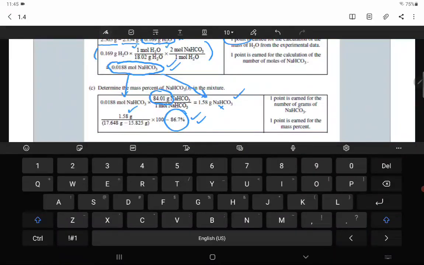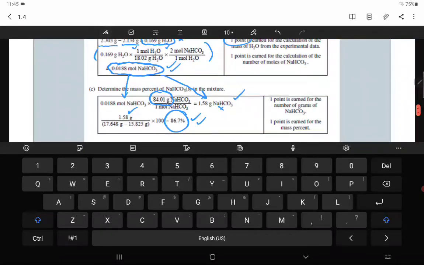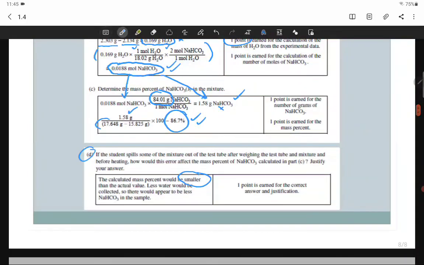So if you lost some of your mixture, I think it's going to make this a less of a number. So you would have been losing some of that. So instead of 15.825, it would have been a smaller number.